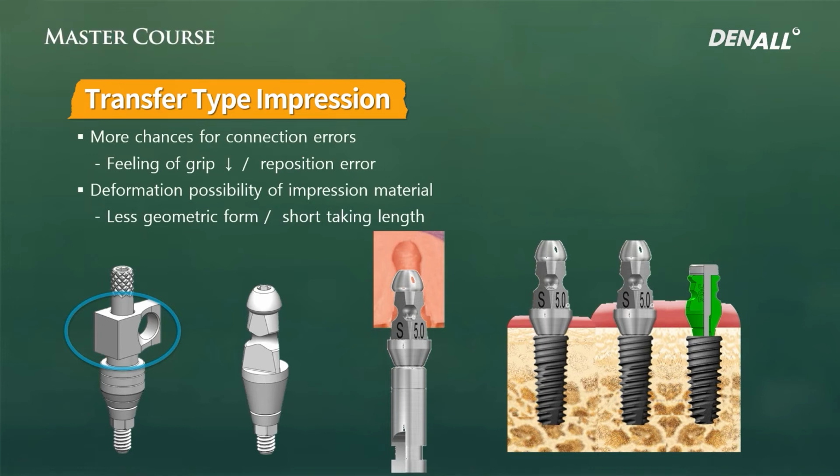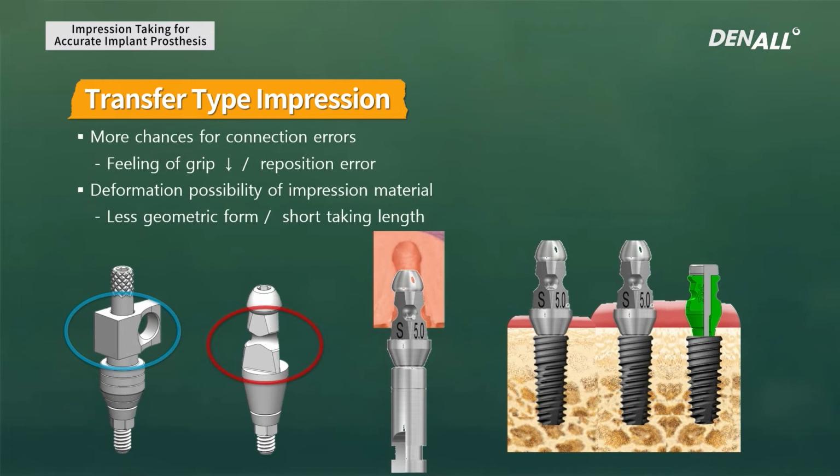You can get a good sense even if you don't take an X-ray. With transfer type, there have been a lot of improvements, but compared with pickup type coping, the sense of grip falls. Therefore, there can be position error.